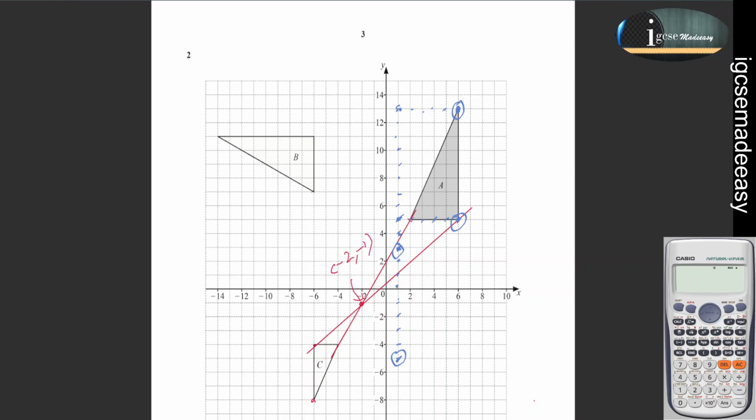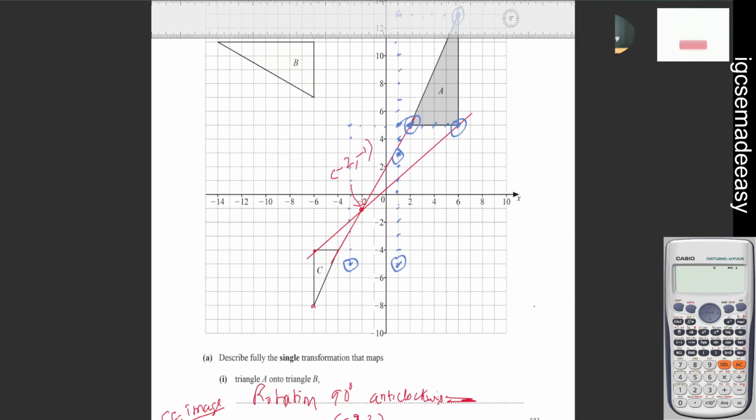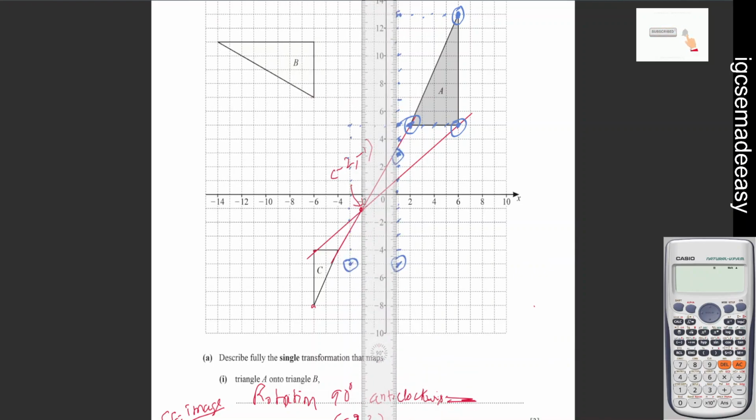And this point also we have to shift -5 units. 1 2 3 4 5 units minus, and 10 units down. 1 2 3 4 5 6 7 8 9 and 10. So this point reaches here, right? So what we have to do, we just have to join all the points using a ruler. I just want you to understand the thing, that's why I made the rounds and all.